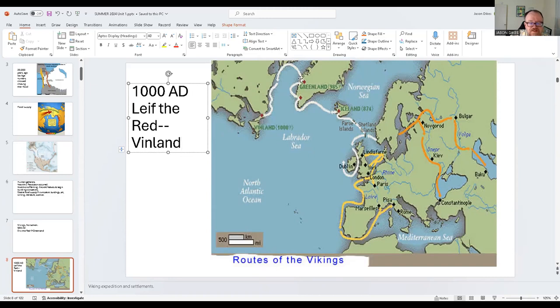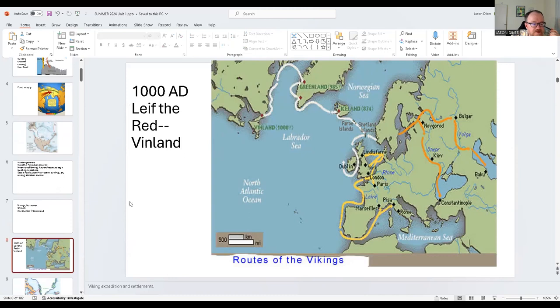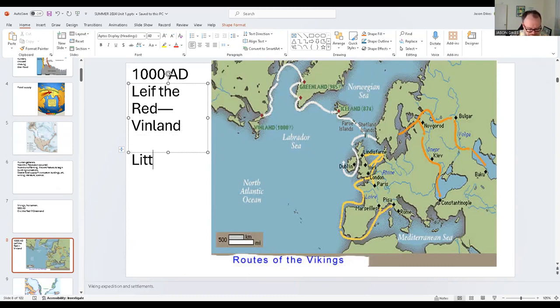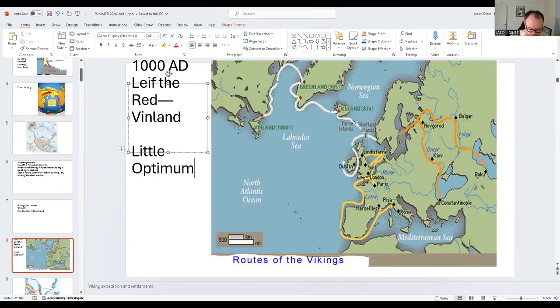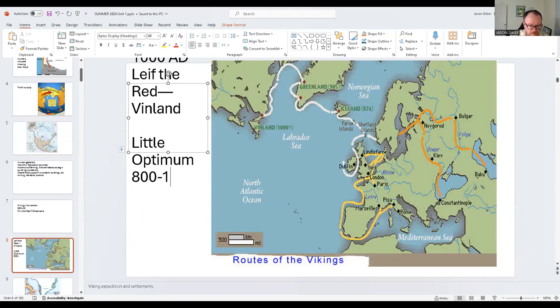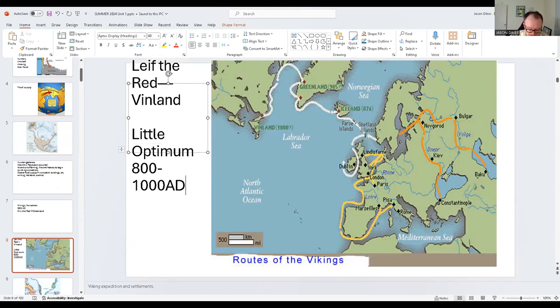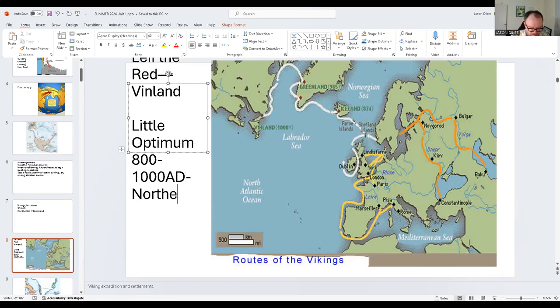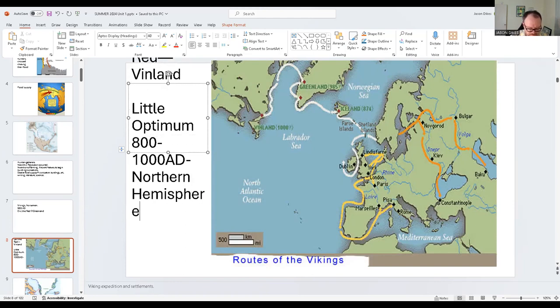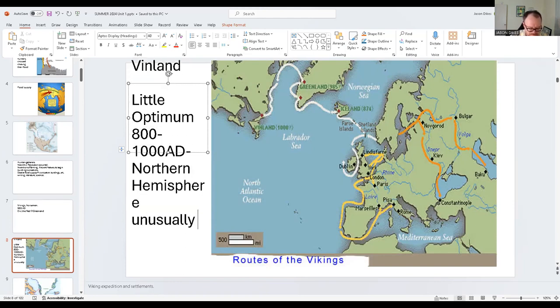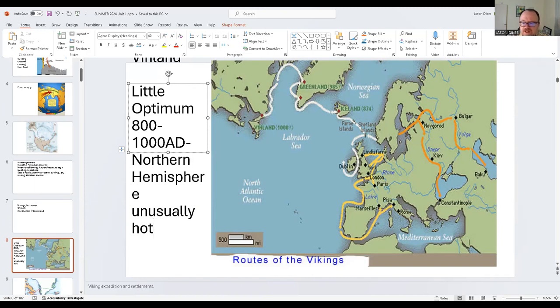The Vikings were able to stay temporarily in this area because of an event called the Little Optimum. From about 800 to about 1000 AD, the northern hemisphere, that is everything north of the equator, was unusually hot.